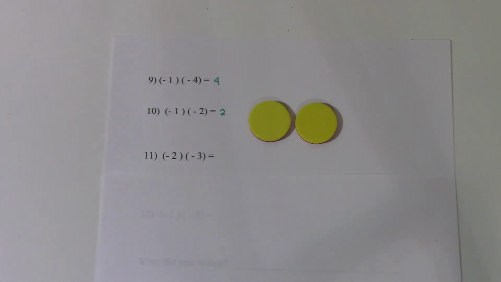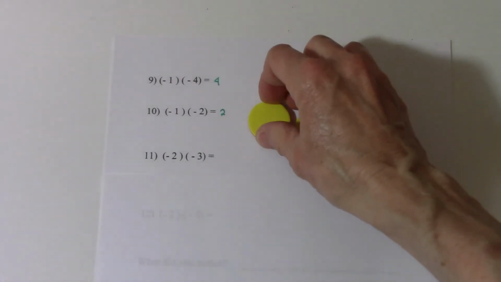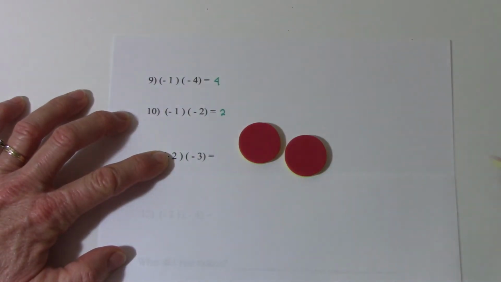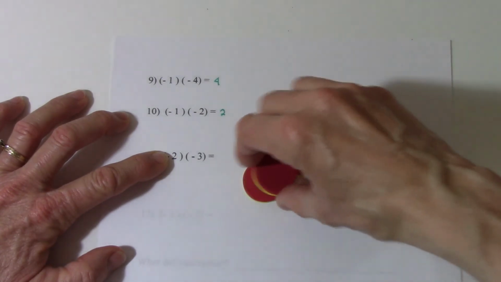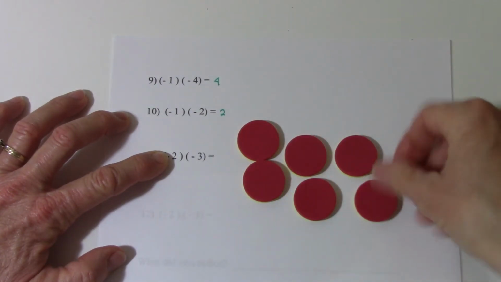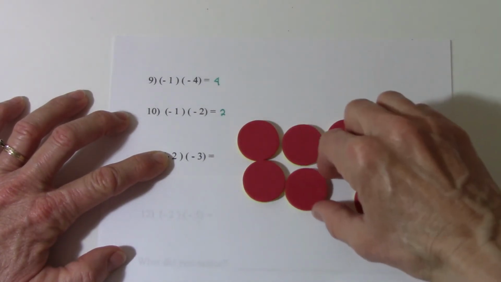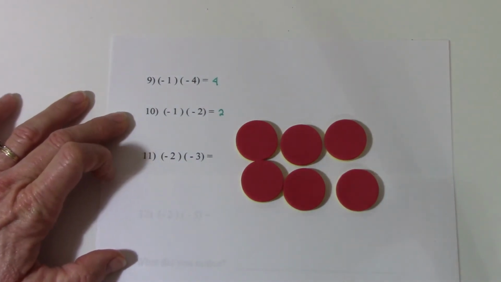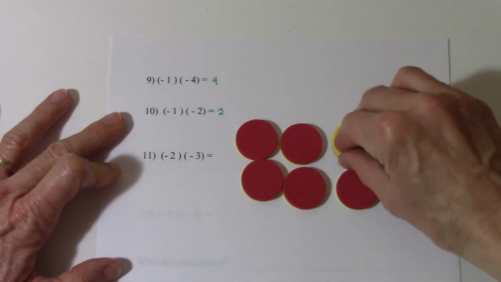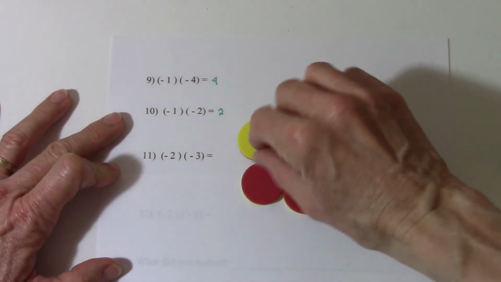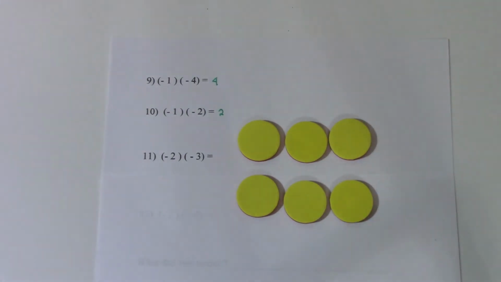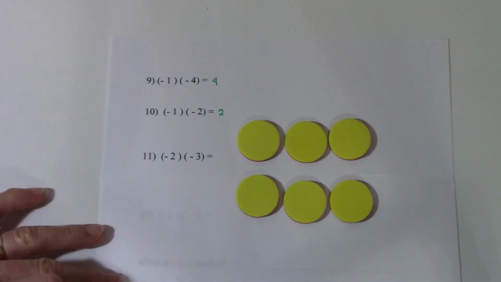And this one with negative 2 times negative 3, I want 2 groups of negative 3. Here's one group of negative 3, here's another group of negative 3, and now I'll take care of the opposite, or the negative, and I'll flip them over. And I come up with a positive 6.